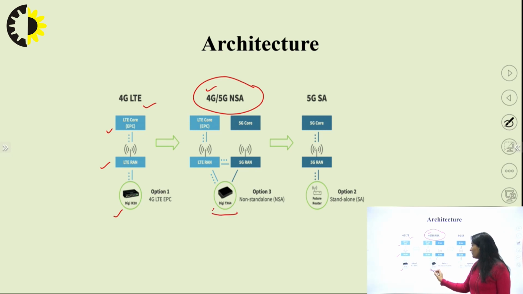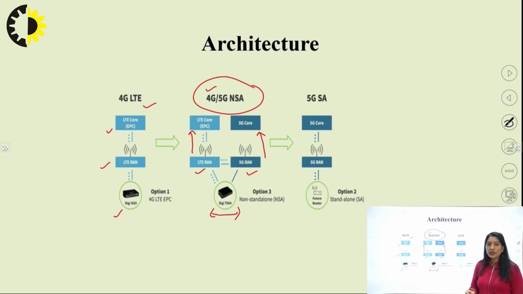Here we have the non-standalone user equipment, then the LTE RAN and 5G RAN, where RAN is radio access network. So both LTE and 5G are available. Then this LTE RAN is connected to the LTE core, and this 5G RAN is connected to the 5G core.